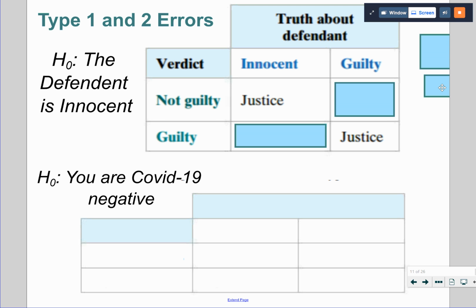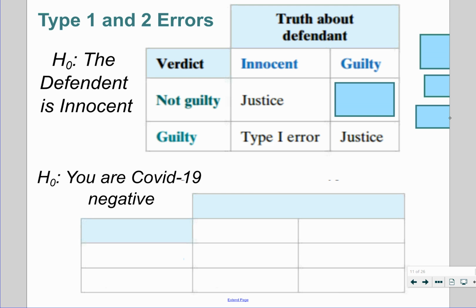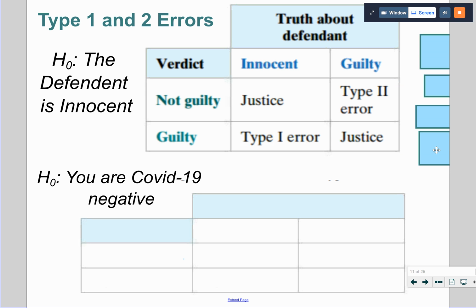So justice has been served. If someone is innocent in real life but found guilty, that's an error. That's what we call a type 1 error. Okay, so the truth is that person is innocent, but they have been found guilty. And then if somebody is guilty and they are found not guilty, type 2 error.